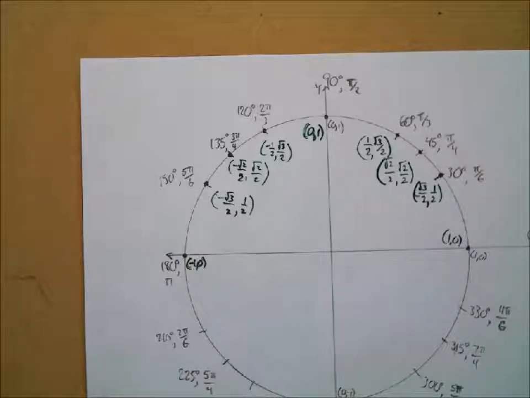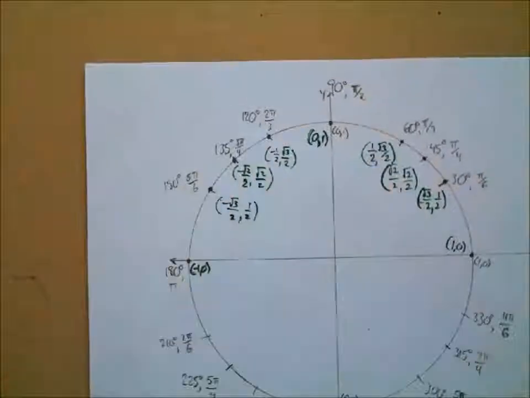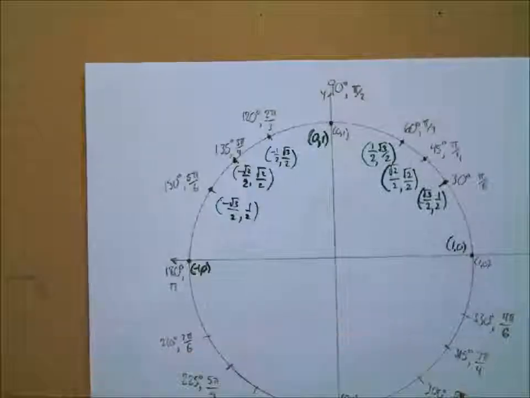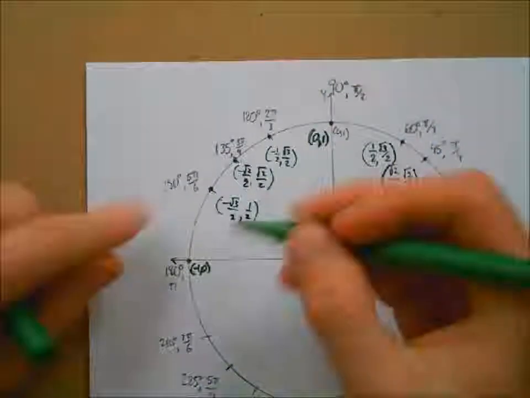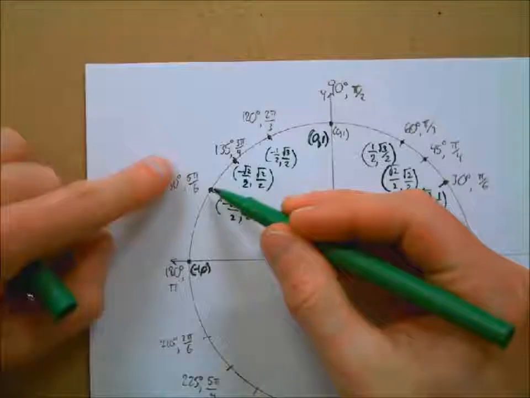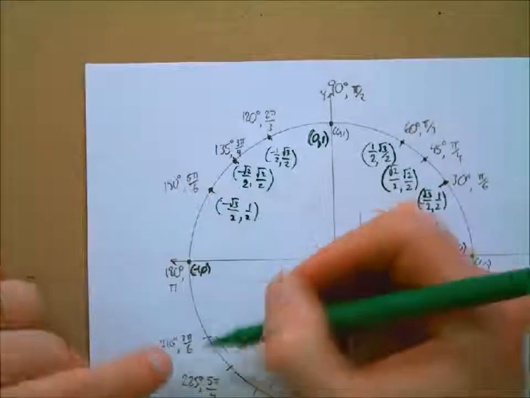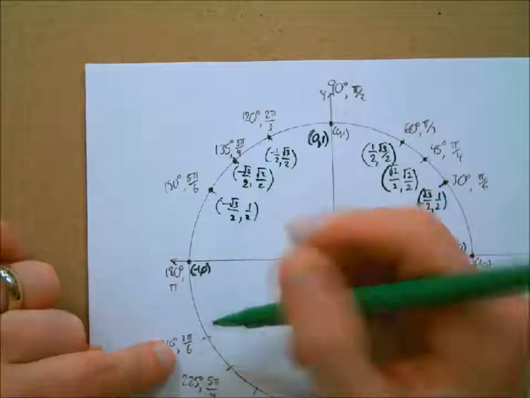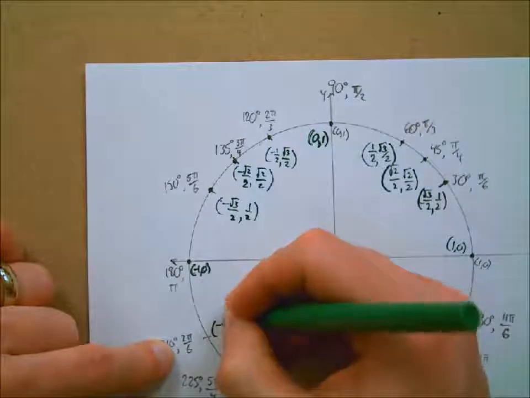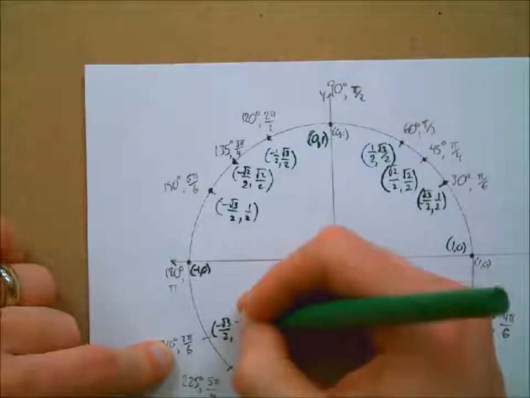And when you reflect over the x-axis, what stays the same? X stays the same when you reflect over the x-axis, and it's the y's that will then become opposite. So for example, 210 will be a reflection of 150 over the x-axis here, and so the negative root 3 over 2 stays the same, but now it's the y-coordinate, negative 1/2. It's opposite.